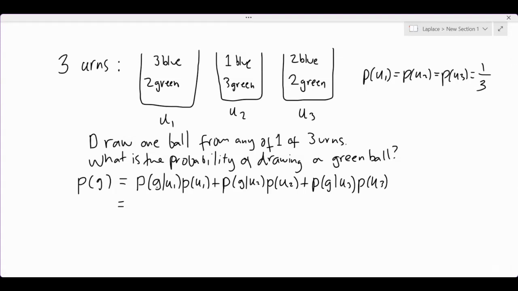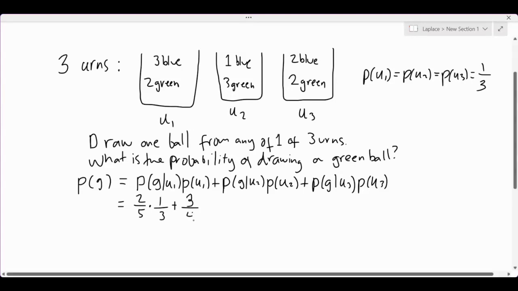The probability of picking a green ball from urn 1 is 2/5 because there are 2 green balls out of a total of 5. And the probability of U1 is 1/3. And then we do the same thing for the other terms.